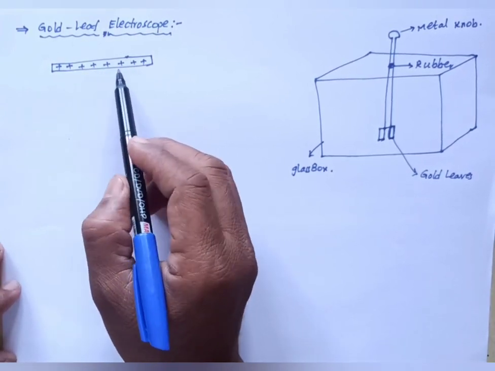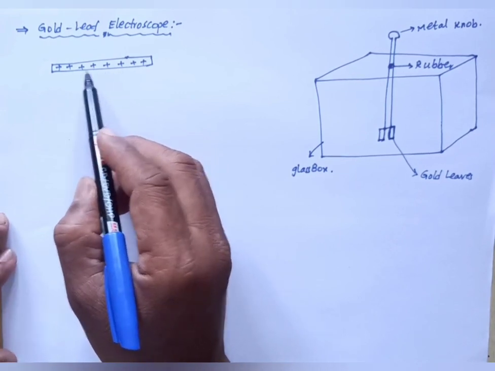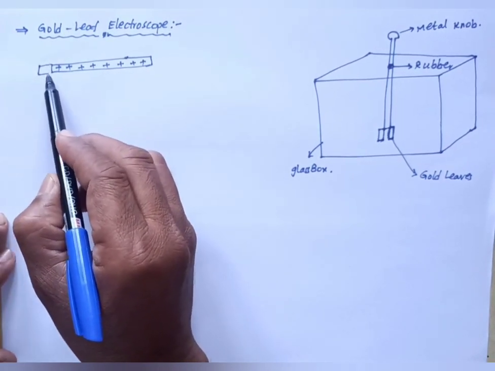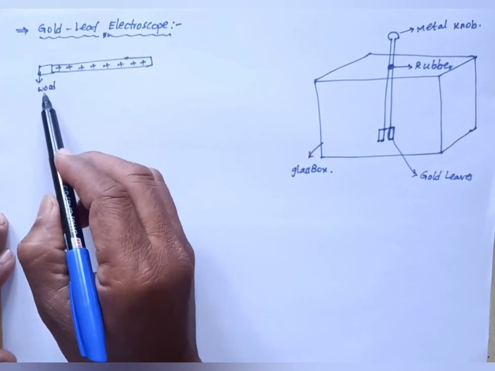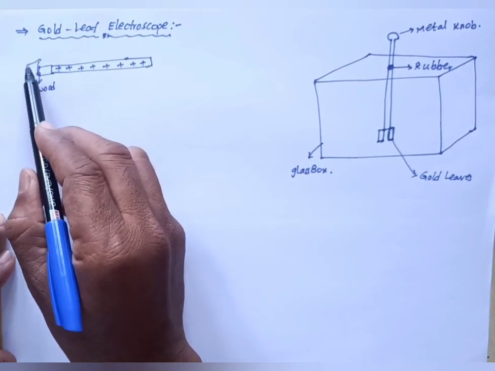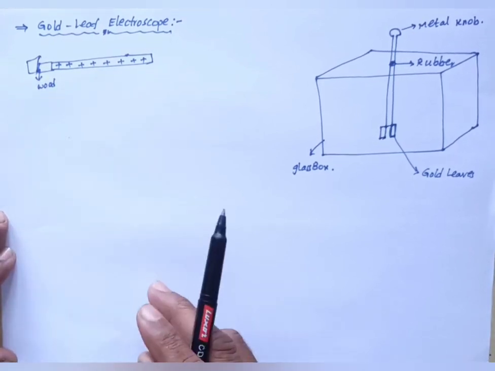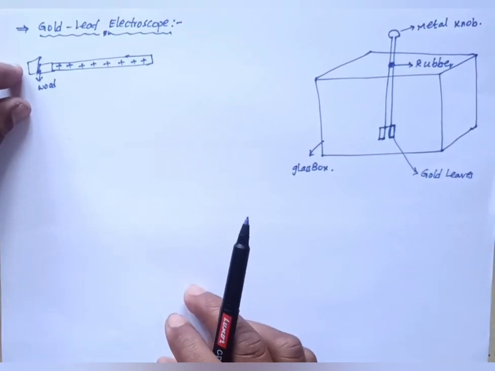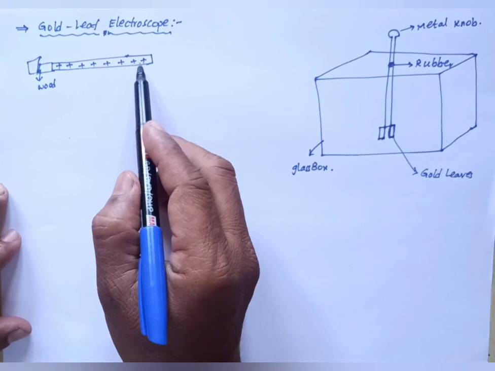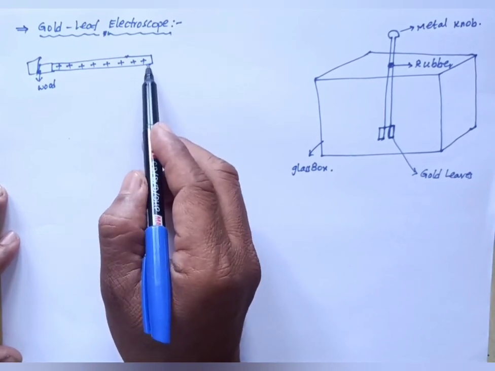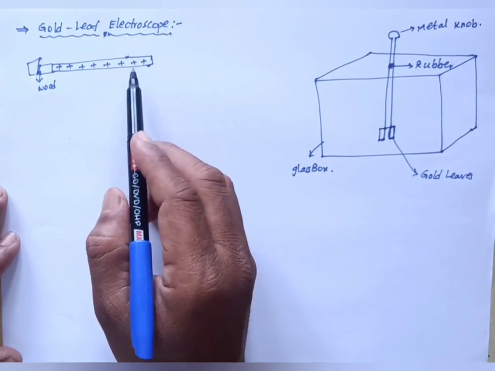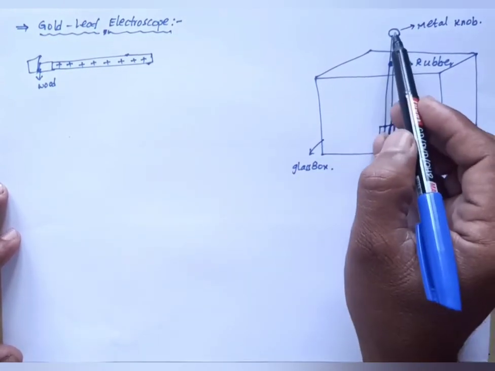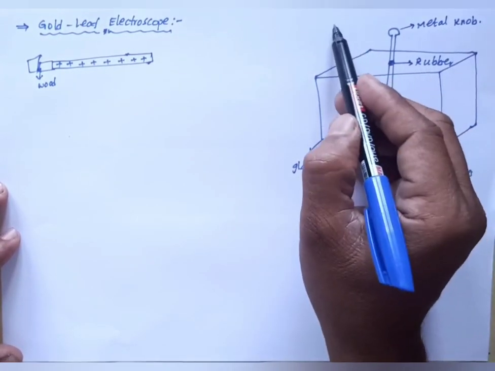The glass rod is connected with a wooden handle. We take this positively charged rod and touch it to the metal knob.